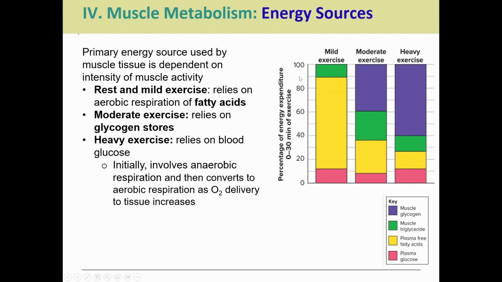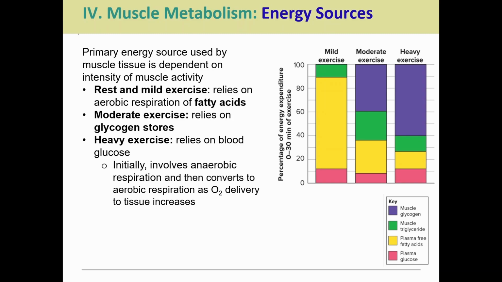This here is talking about the percentage. I think each line is 10%. So just like 12% coming from glucose, most of it coming from plasma fatty acids in the blood, and then about 10-11% coming from triglycerides.